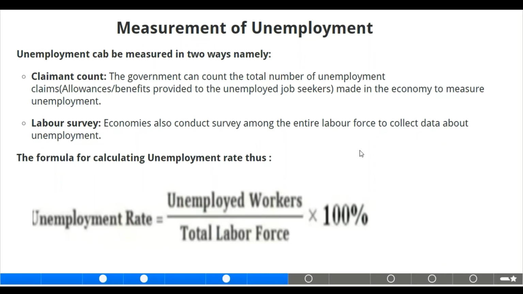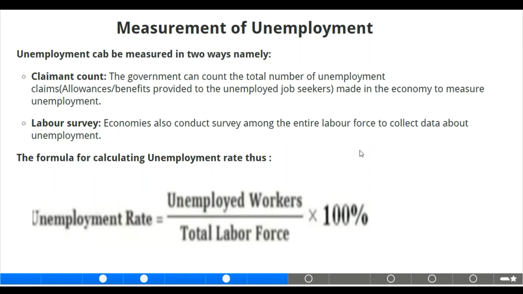And we also have the labor survey. A labor survey involves conducting a survey among the labor force to collect data about unemployment. Questionnaires and other data collection methods can be used.